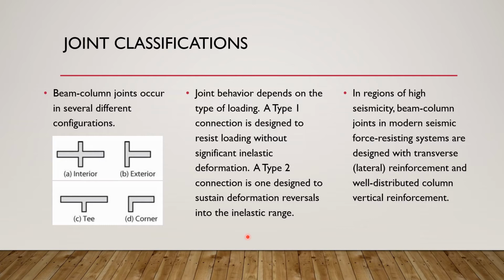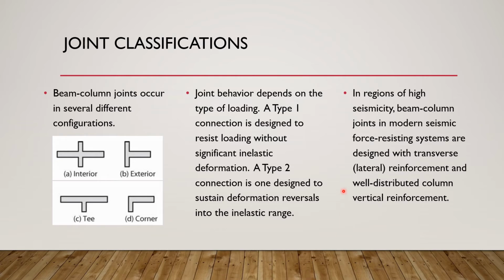There are basically two types. The first type is those that resist loading without significant inelastic deformation, and the type 2 connection is the one that sustains deformation reversals into the inelastic range as in earthquakes.